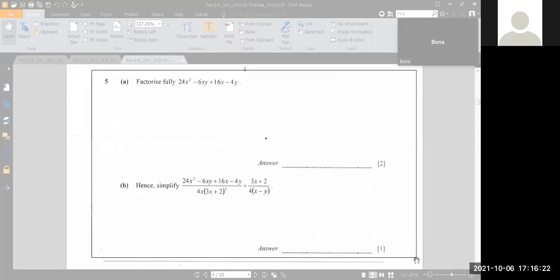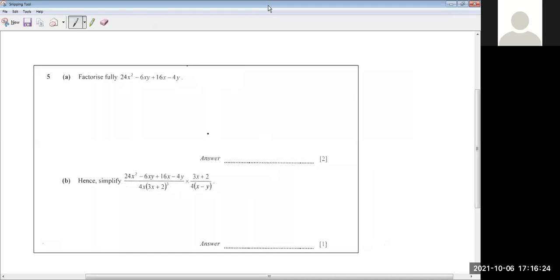One thing I want to let you know is your A is actually basically here. So if you do factorize, once again, the meaning of factorize is something like this. You will end up with something like this.